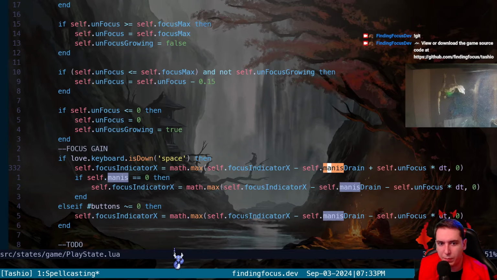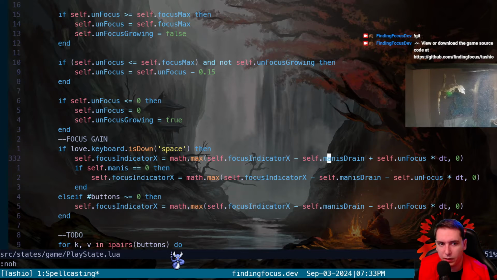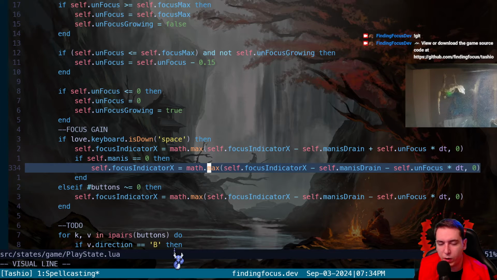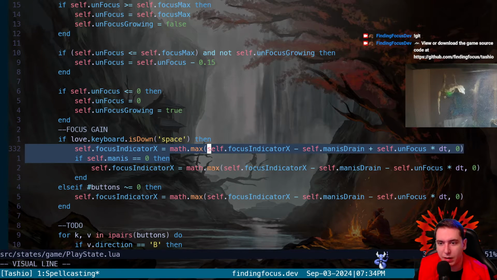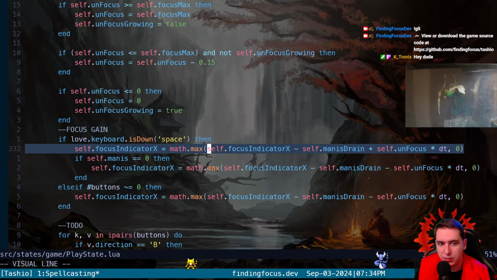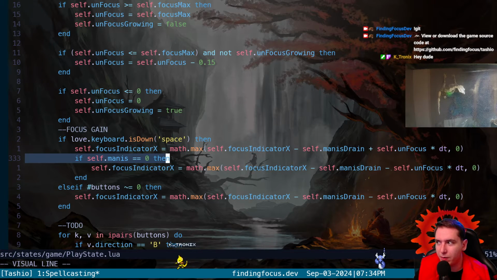I'm just trying to wrap my head around what we were doing. Focus indicator X is the white bar, so it's the output of your focus, whereas the minus is the magic you have, like the concentration you have. It's like an effort tank. So minus drain is how fast your concentration drains, and the minus itself is how much of the concentration you have.